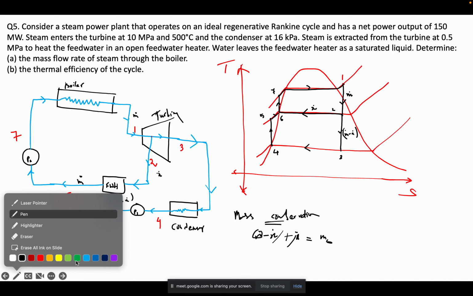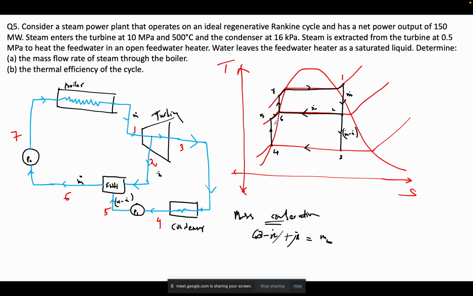So if this had not been done, only this will be changed, because this will come here. Say this would have been 7 dash, and heat addition would have taken place from 7 dash to 1. Now the heat addition is taking place from 7 to 1, and H1 minus H7 is clearly less than H1 minus H7 dash.